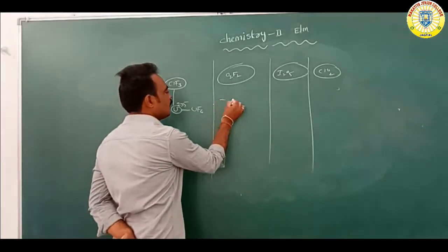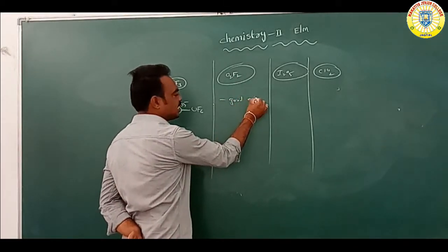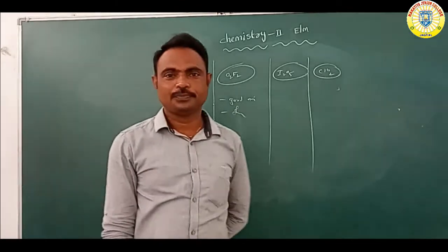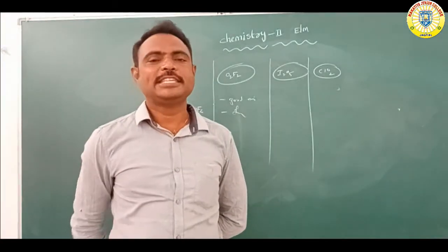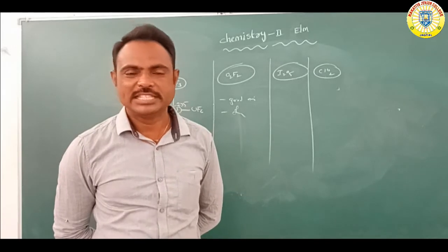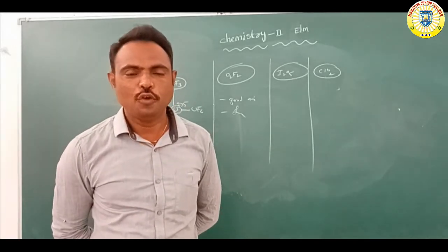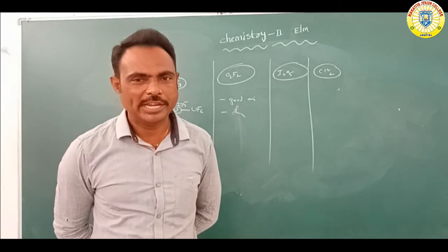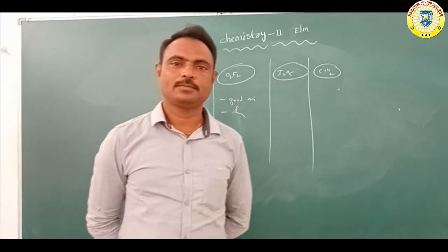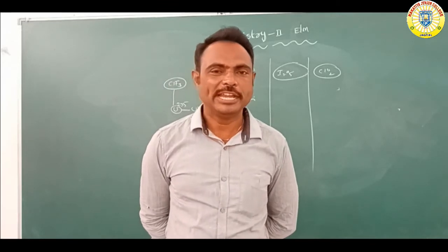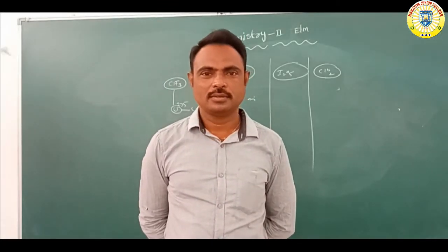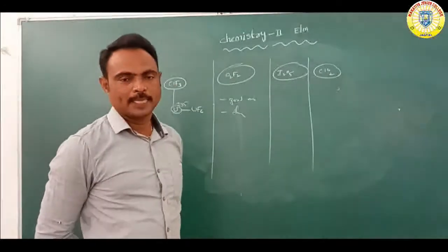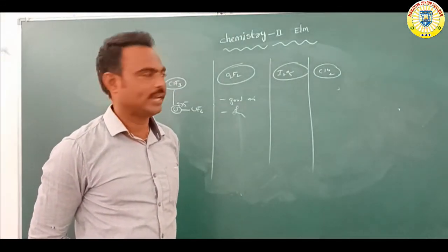It is a good oxidizing agent and at the same time a good fluorinating agent. It is mainly used in sugar factories, sugar industries. That is the use of dioxygen difluoride.